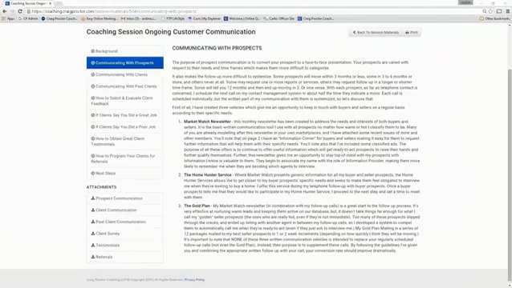So even if you don't call them at the right time, there's a pretty darn good chance that they're going to contact you when they're ready to list their home for sale, because you've created reciprocity and you've created top-of-mind awareness.